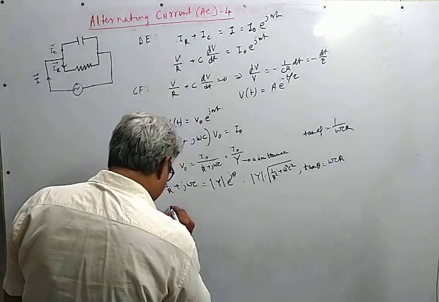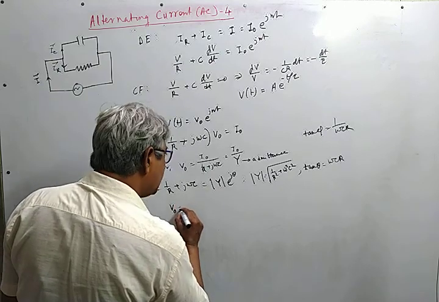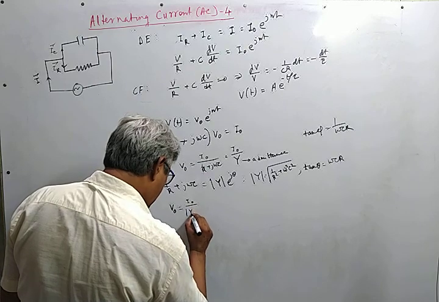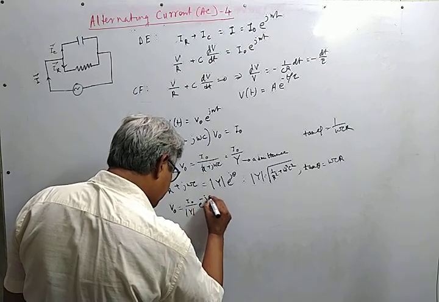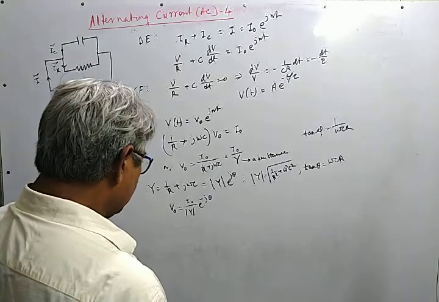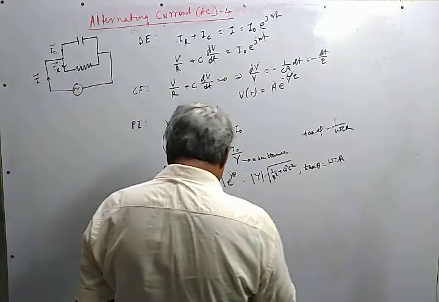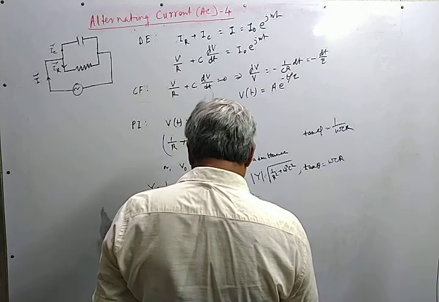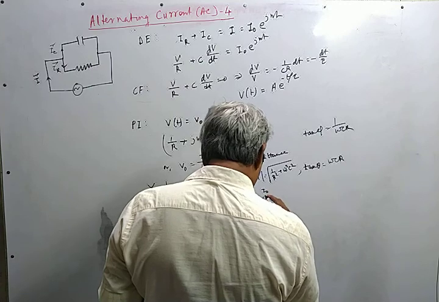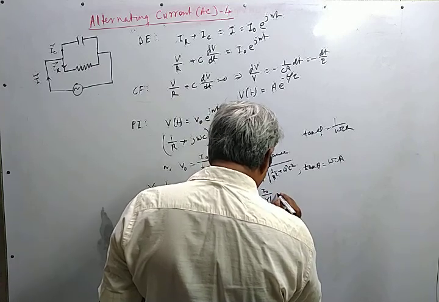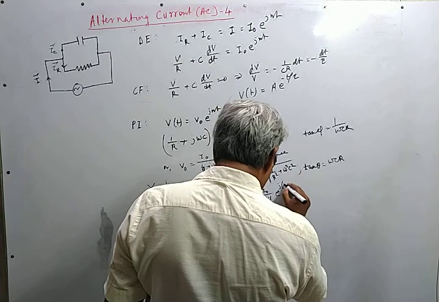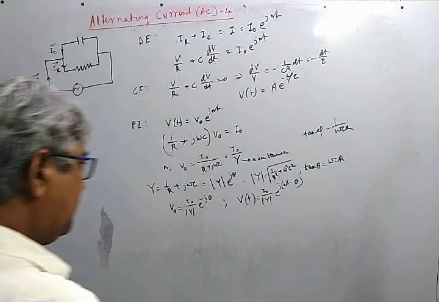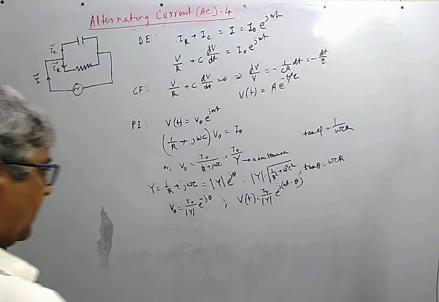From here we get V0 is equal to I0 mod Y e to the power minus j theta. So in terms of instantaneous values, we write V at time t, and that is, V lags behind current.